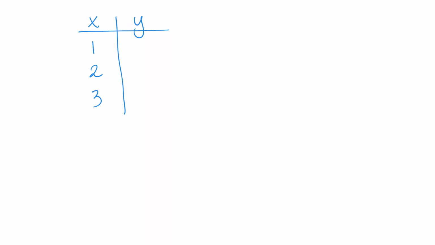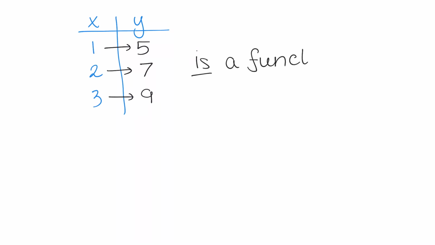So you can say that the y value with 1 is 5, and the y value with 2 is 7, and the y value with 3 is 9. This is a function because every x only has one y.